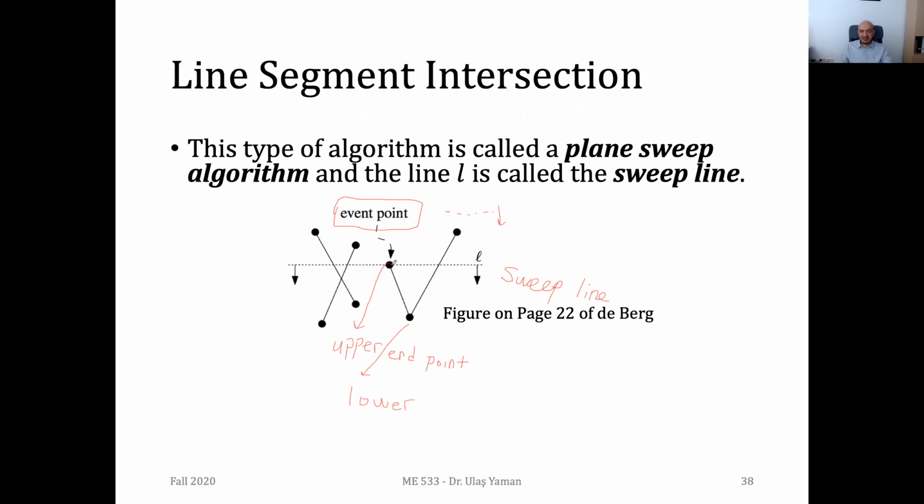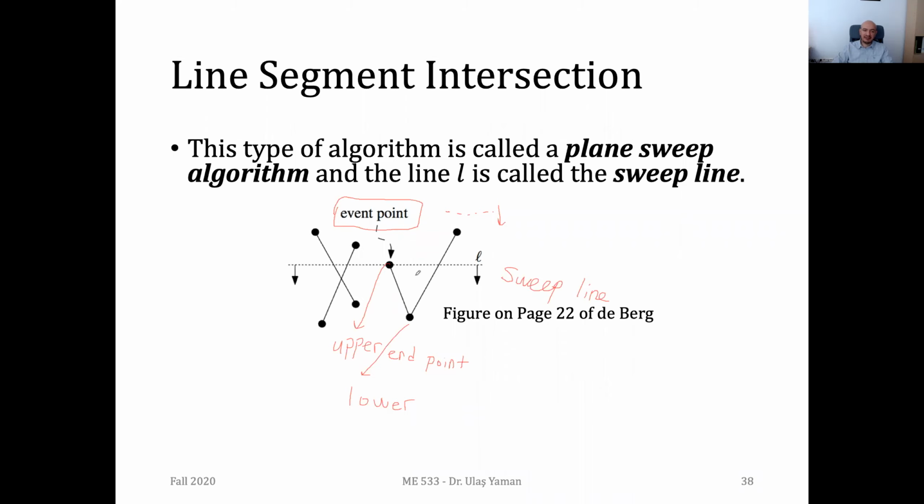Once you meet such event points, you're going to update some data structures in your algorithm and maybe do some computations. If this is an upper end point, then that means we have a new line in our plane. So we need to do some checks with the neighbors.